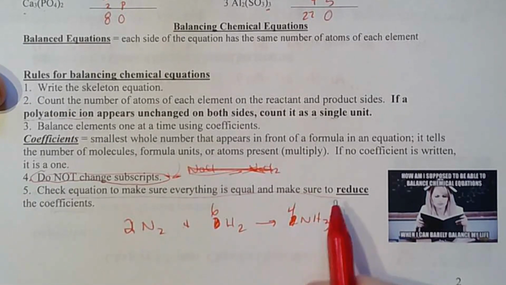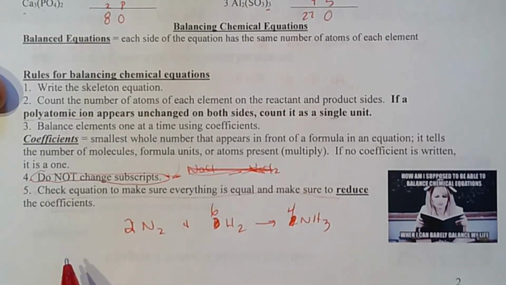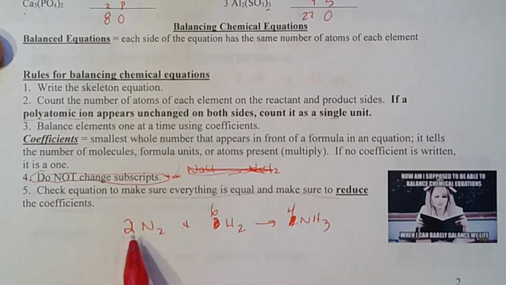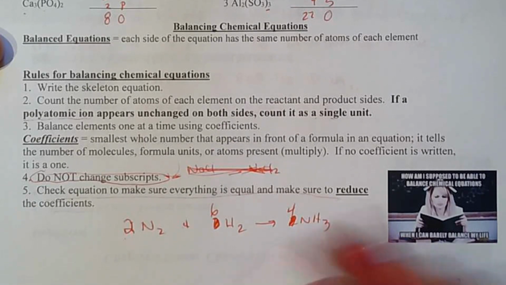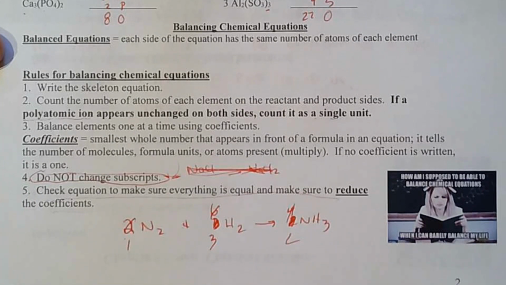However, you need to reduce the coefficients as much as possible, kind of like reducing a fraction. So if you notice that, wait a minute, these coefficients are all divisible by 2, or 3, or 4, or whatever, you need to do so. Okay, so just keep in mind you do need to reduce whenever possible.